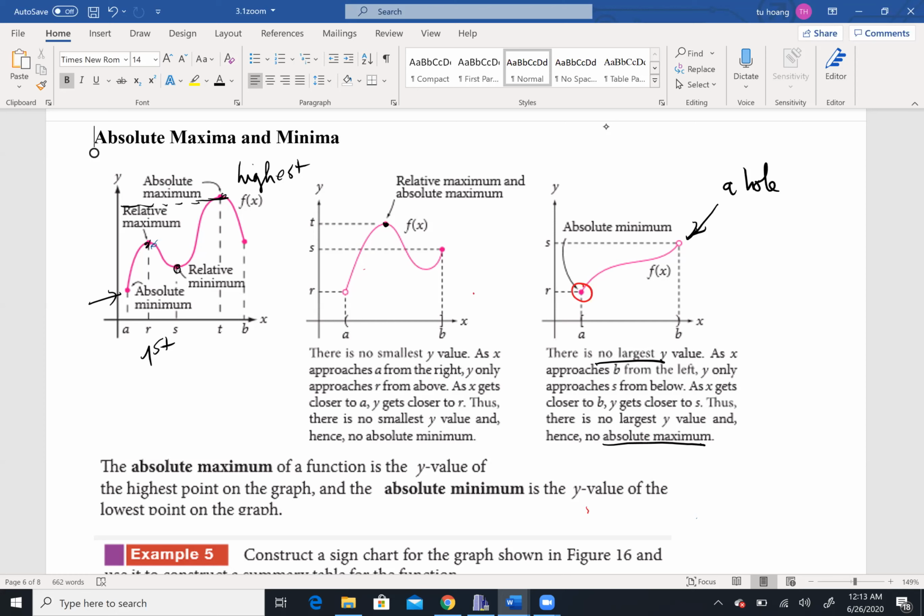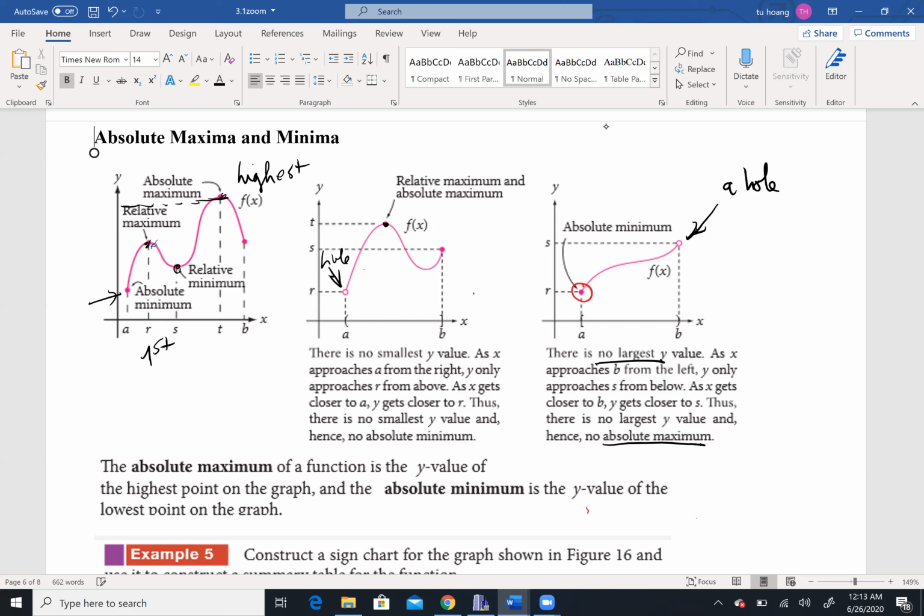Now for number 2 here, you notice that the lowest value of y from A to B may be here. But the thing is, there's a hole.